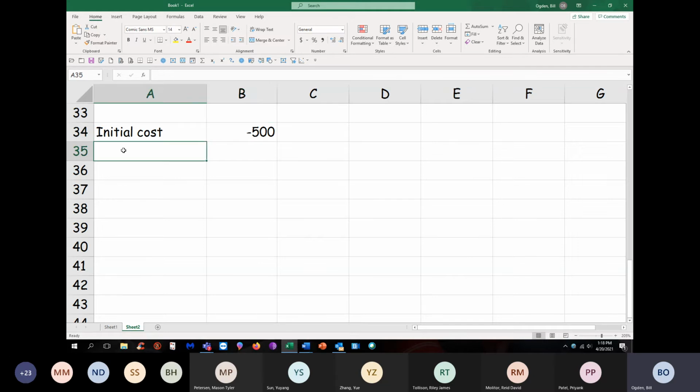So what was the initial cost? Now we have the depreciation. So we'll do the present value factors.